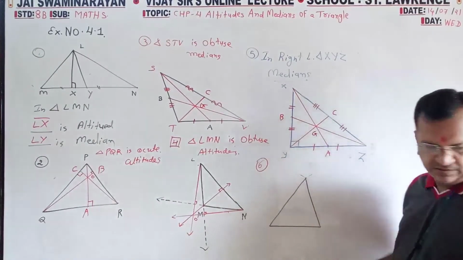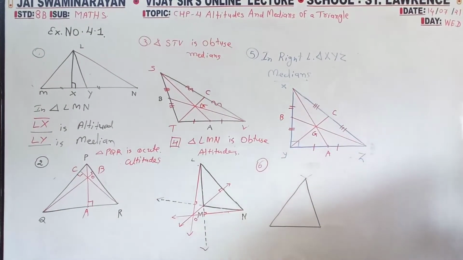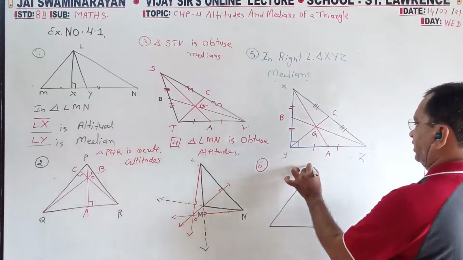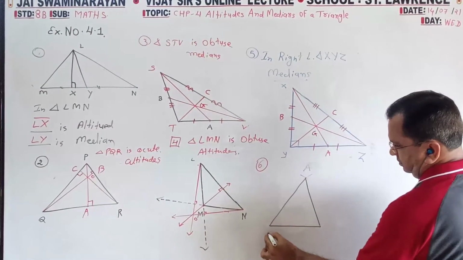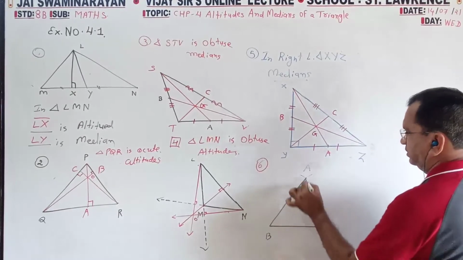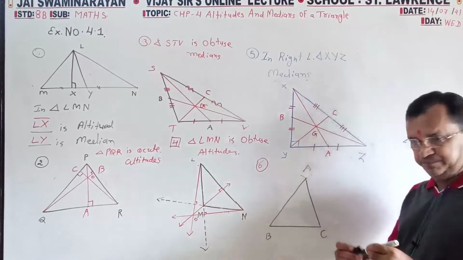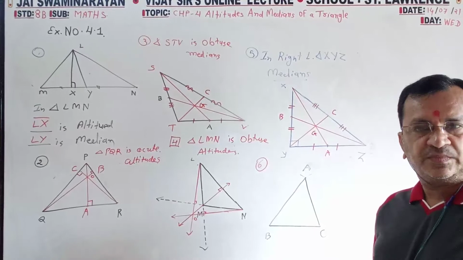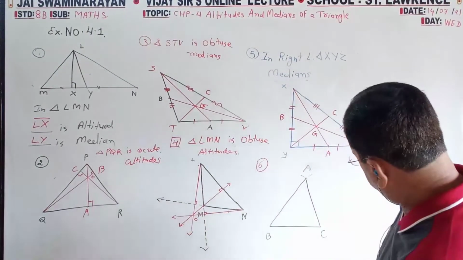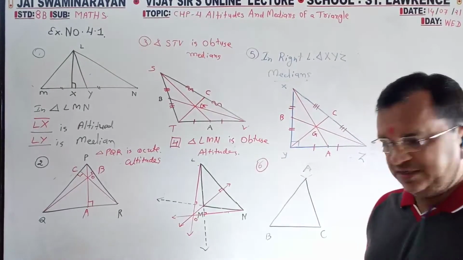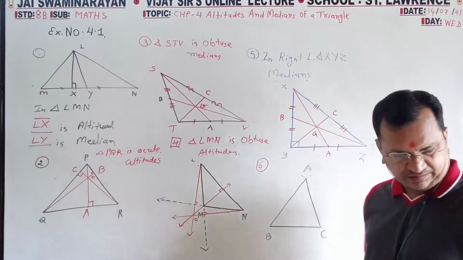Now the names of the isosceles triangle are not given, so we will take A, B and C. Now it is still tightly slanted.